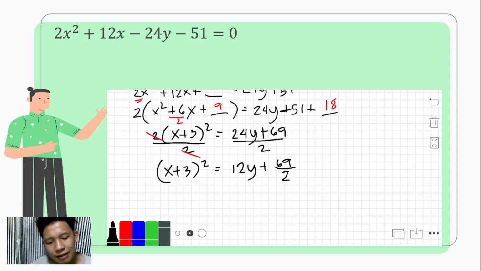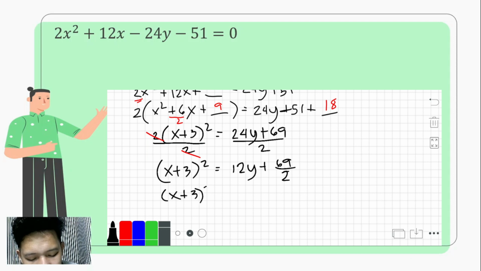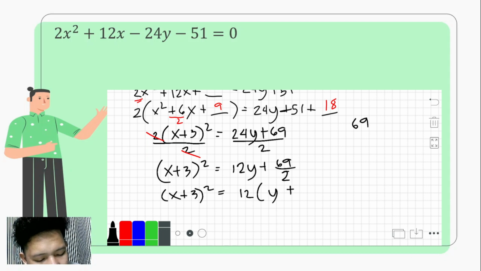And then, what we're going to do now is factor this out so we can get the 4c. So that is x plus 3 squared equals what? That is 12 times y plus, and if we divide this by 12, that is 69 over 2 divided by 12, which is simply multiplying by its reciprocal.